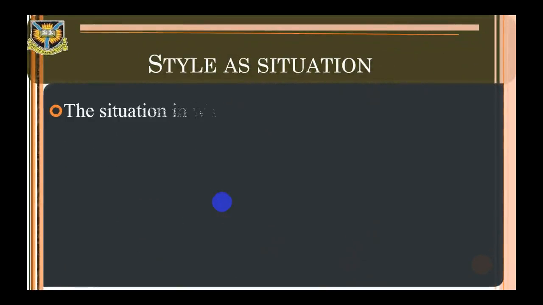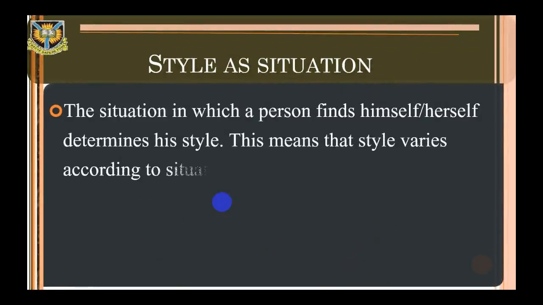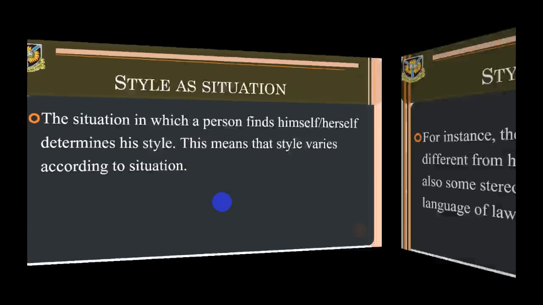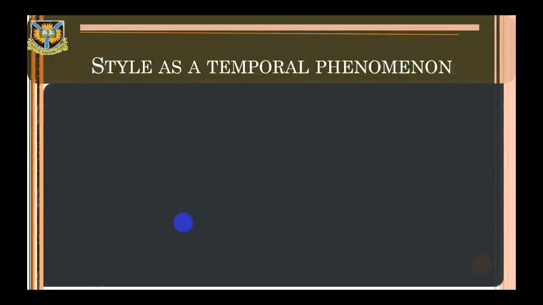The situation in which a person finds himself or herself determines his style. It means that style varies according to situation. For example, the way language is used at a wedding is different from how it is used during a burial. There are also some stereotypic uses of language, such as the language of law.